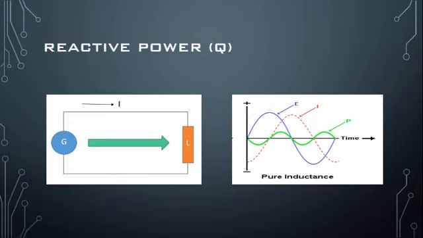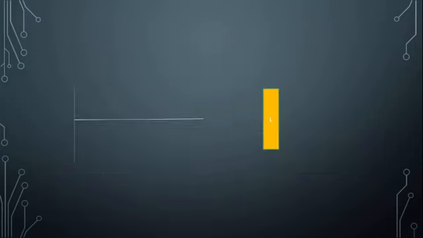Now why do the positive and negative peaks happen? To understand that, let's see this. Suppose you are at your positive peak. Now what happens during this? The inductor stores energy during the positive peak, because this is the property of an inductor. Now what happens during the negative peak?